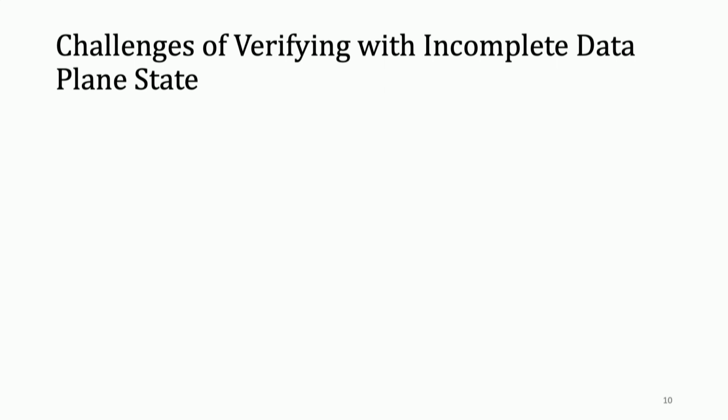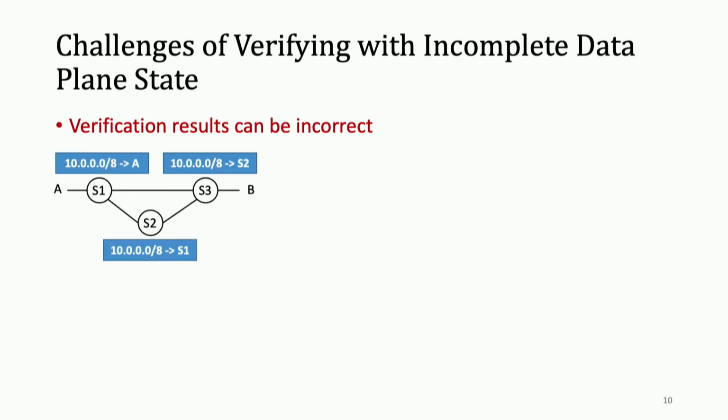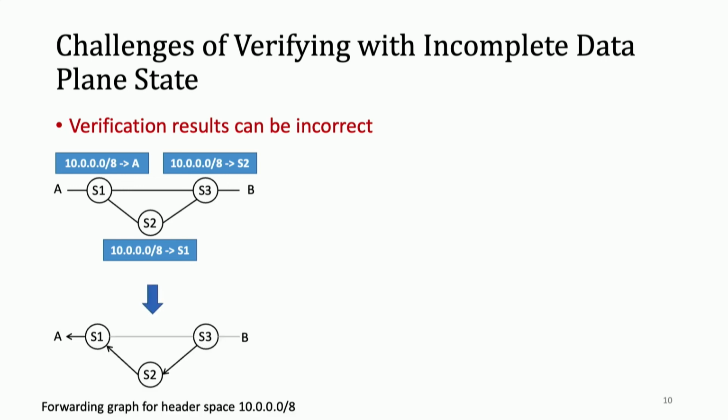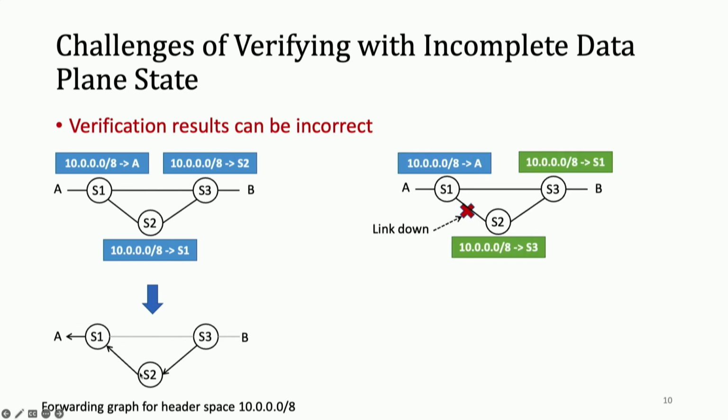Then let's come back to the other part of the problem. The updates come with a much longer delay. Then how do we do the verification with incomplete data plane state? In this example, we have a network of 3 switches, and each has the forwarding rule as below. According to the forwarding rules, we can easily construct a forwarding equivalence graph like this.